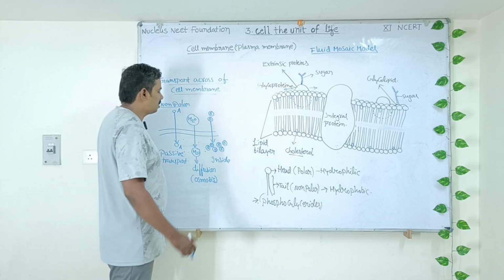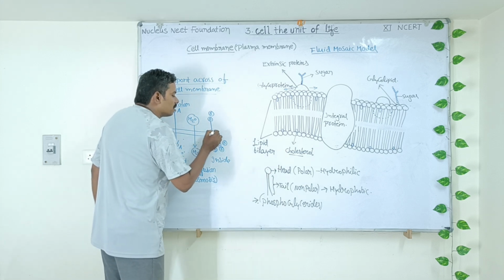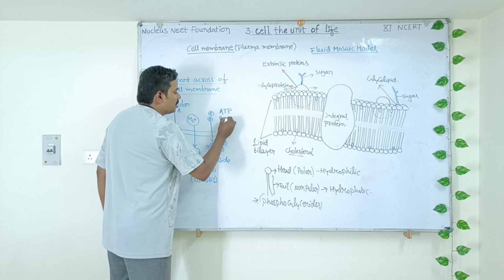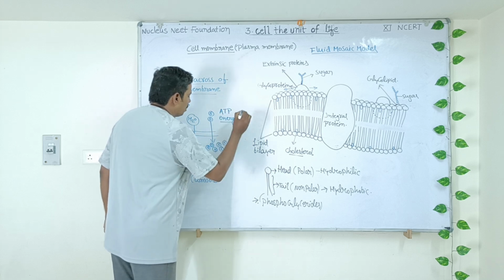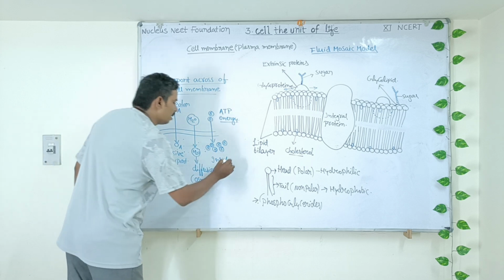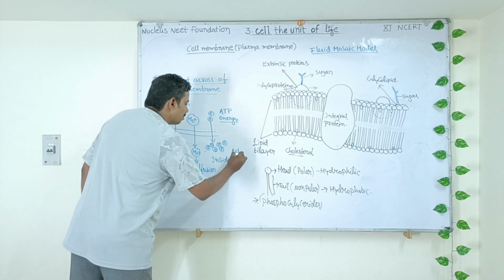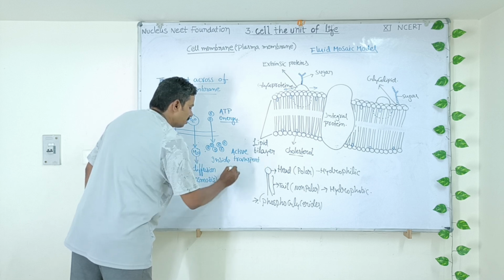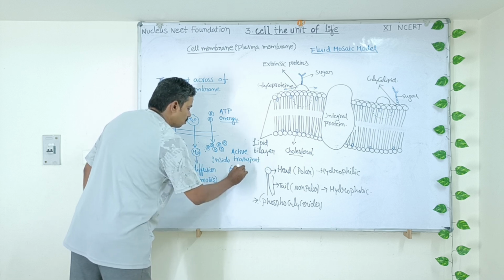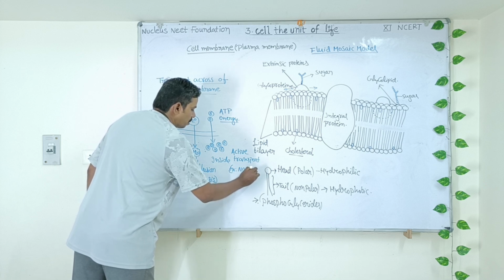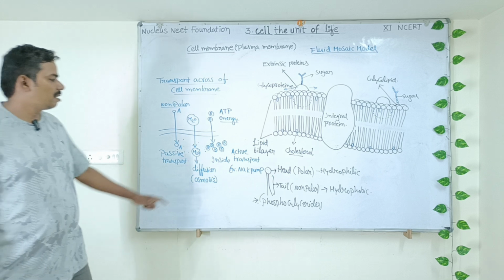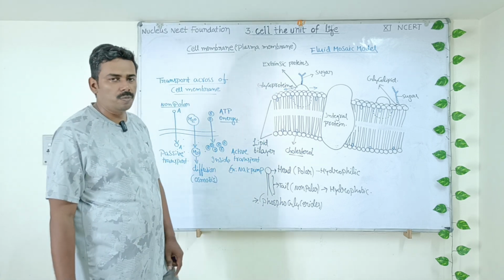At this time, energy will be used. What energy? ATP energy will be used up. So now we consider this process active transport. An example of active transport is the sodium potassium pump.